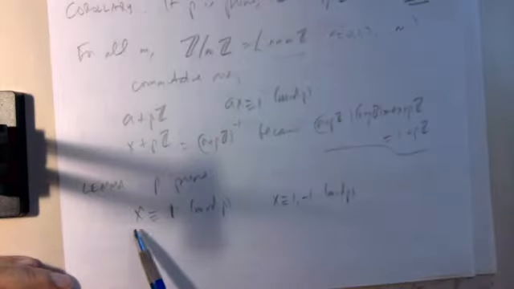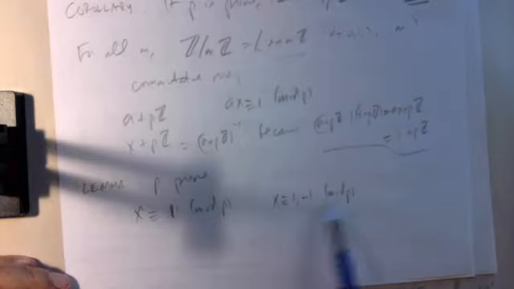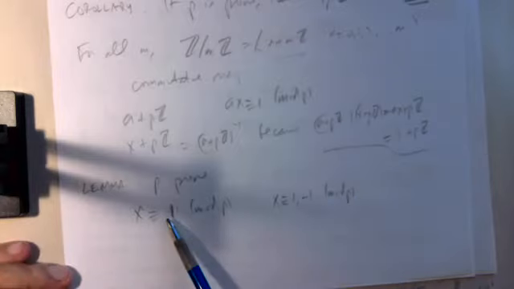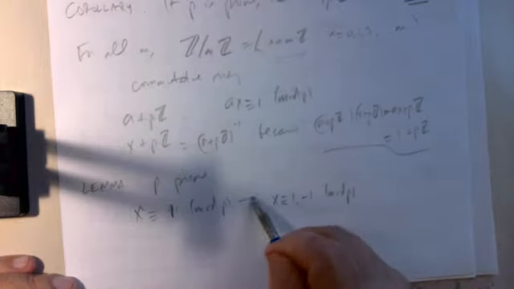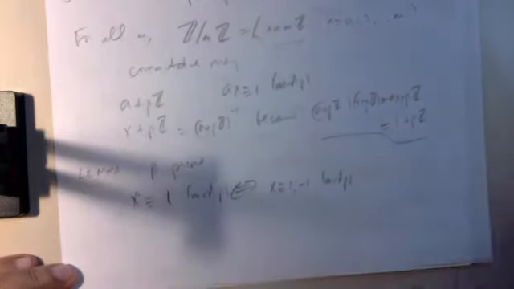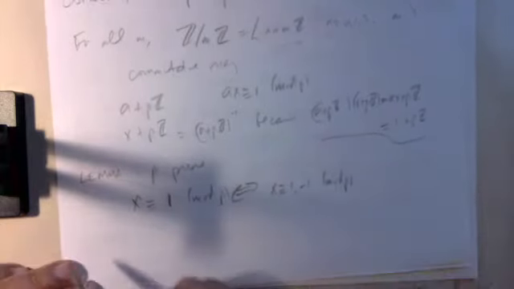So if x is congruent to 1 or minus 1 mod P, then x squared is congruent to 1 mod P. You just square 1 and minus 1, you get 1. So x squared is congruent to 1 mod P if and only if x is plus or minus 1.